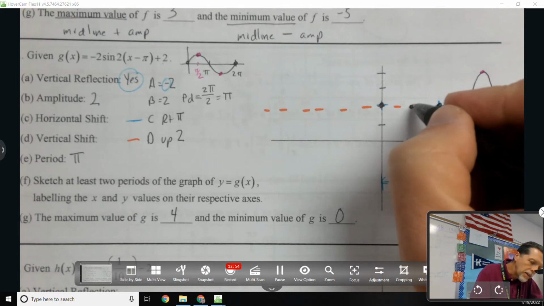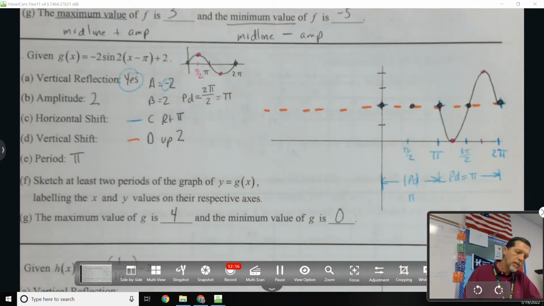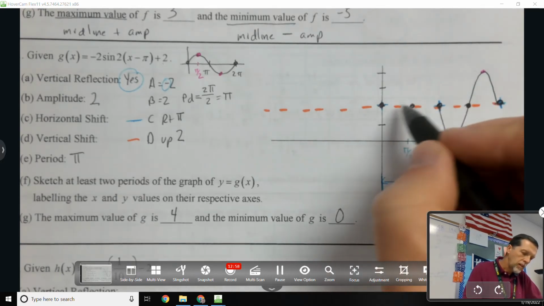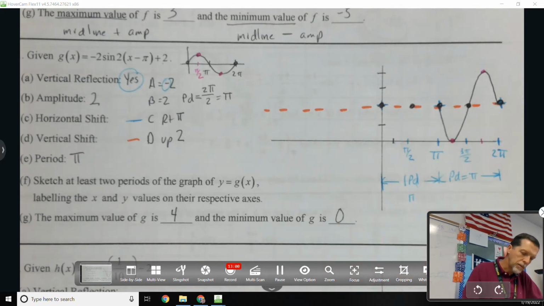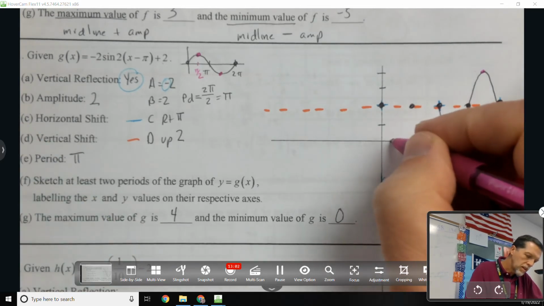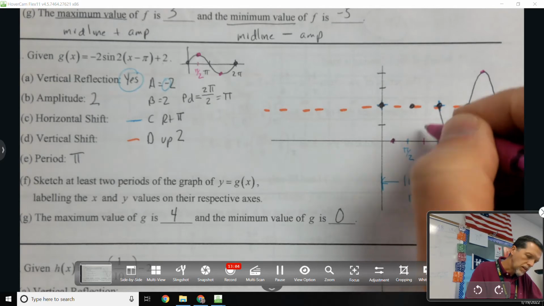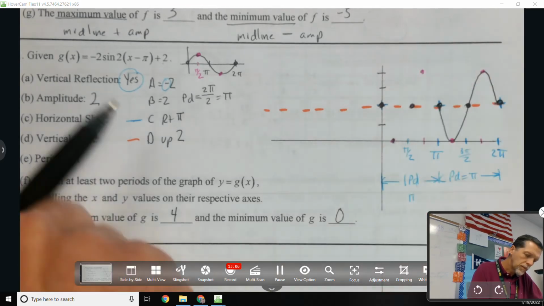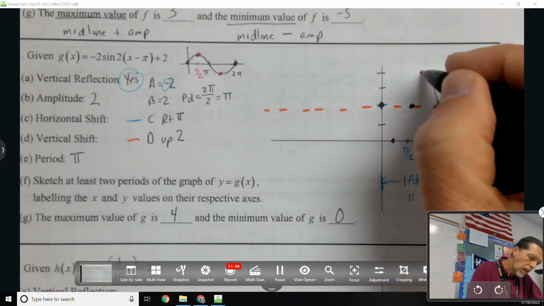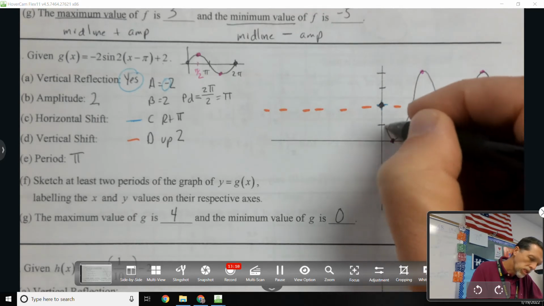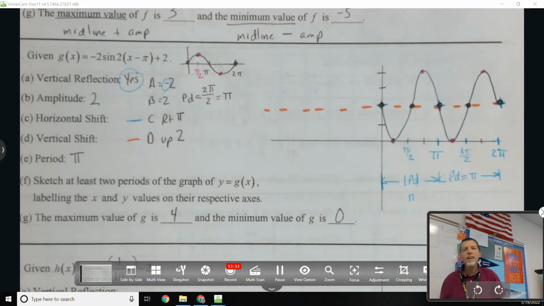Halfway, we're at the midline. And then halfway in between there, we're at a minimum. And the other half, we're at a maximum. So there's my second cycle of the graph.